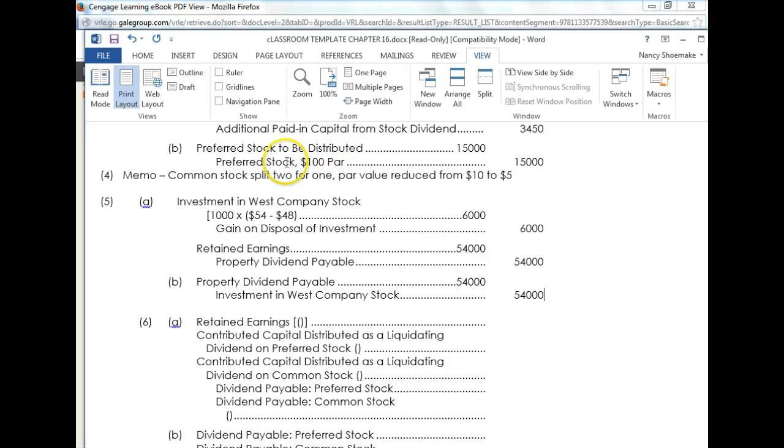So we're showing the gain here because we had it on our books at 48. Okay? So we're showing the gain on this piece and then reducing our retained earnings, and then from here ultimately reducing our investment.